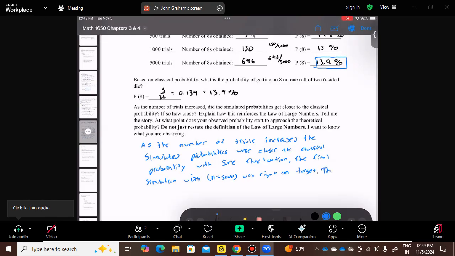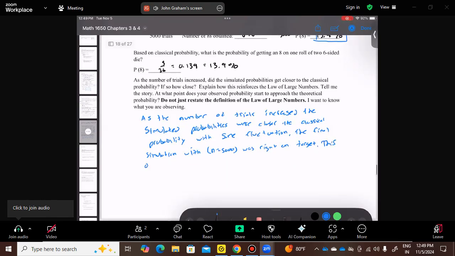This demonstrates the law of large numbers by showing the relative frequency approaches the classical probability.